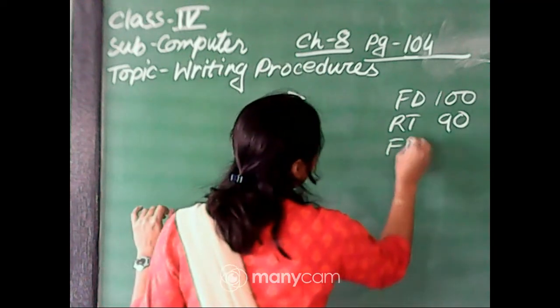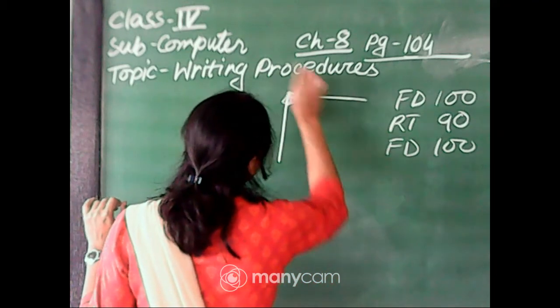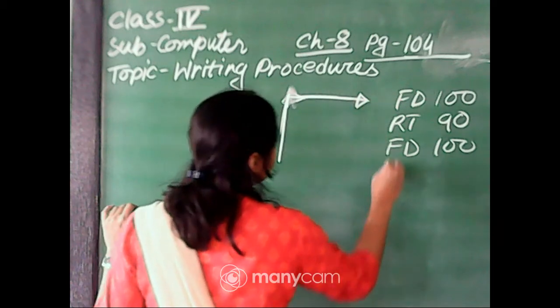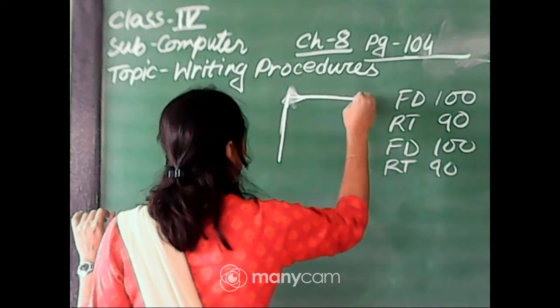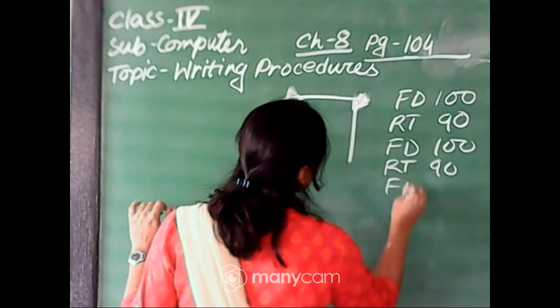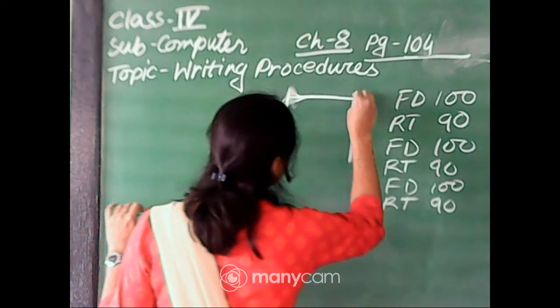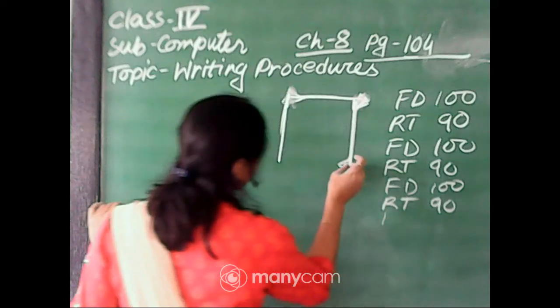Then again FD 100, and again RT 90 to move the head of the turtle to this side, and then FD 100 and RT 90, then FD 100 and RT 90.